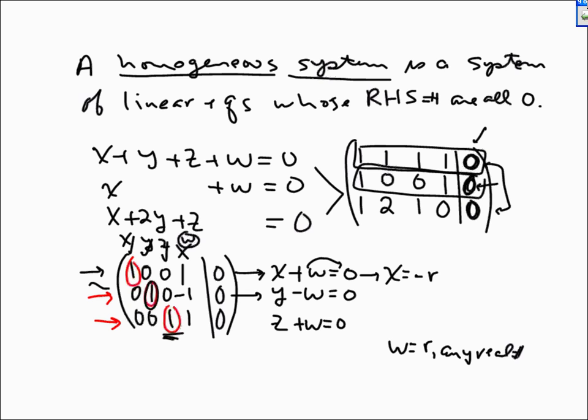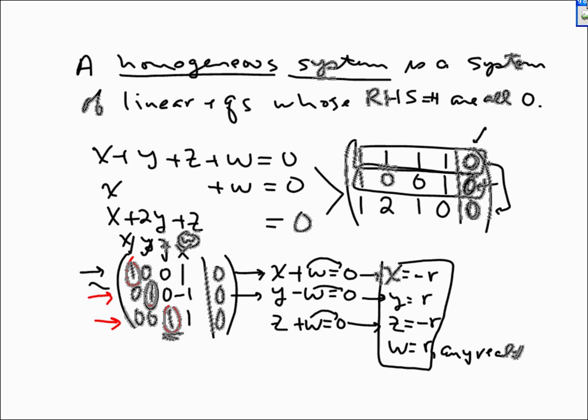But for w I put r. This says that y is equal to positive w, which is r. And z is negative w, negative r. And there is your solution.